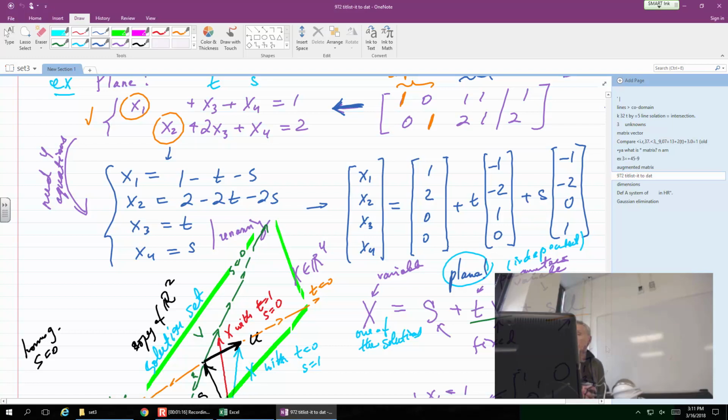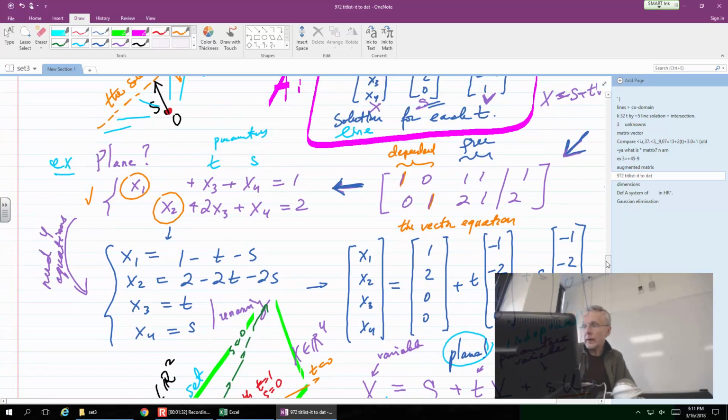I suppose it would be fair to call it the vector equation. There is no matrix, right? Vector equation, the system, the original system.